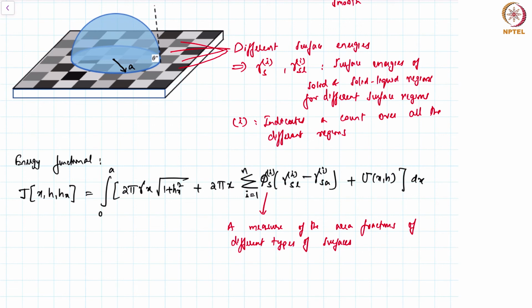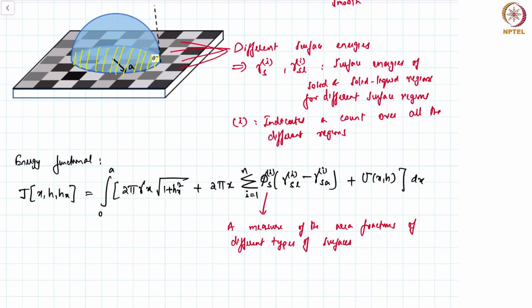So let's say over this entire surface of the droplet, maybe I should highlight this, if I look at the entire surface area of this surface here at the bottom, this surface basically is divided into n checkerboard patterns, of which I have different contributions of type 1. So the I becomes 1. Then I have type 2 of the surface, I is 2, and so on, all the way up to, let's say, n types of such surfaces. So each of these surfaces has an area fraction.